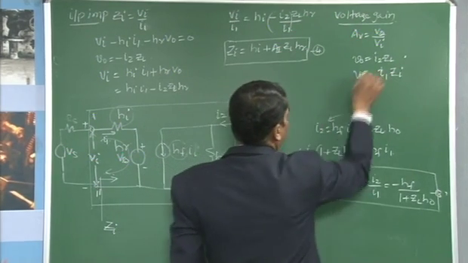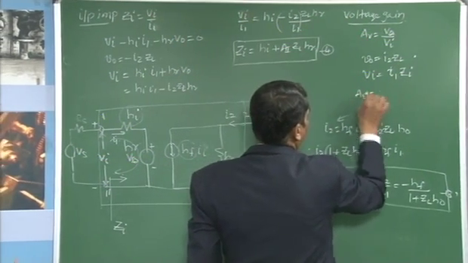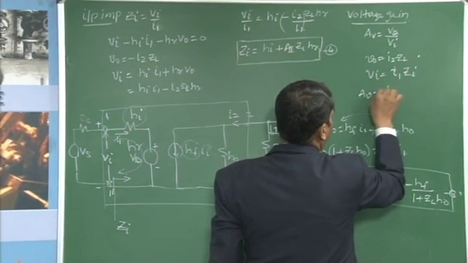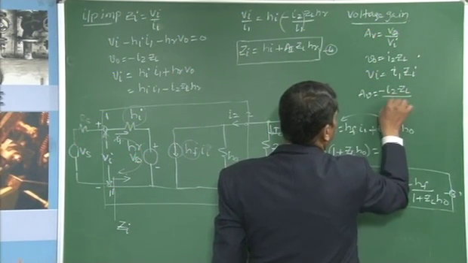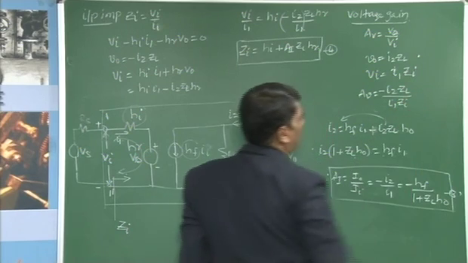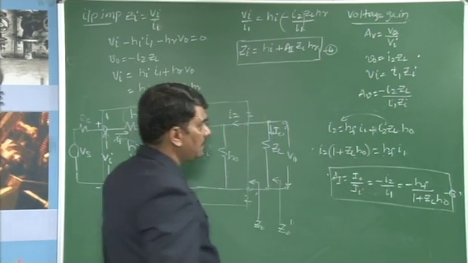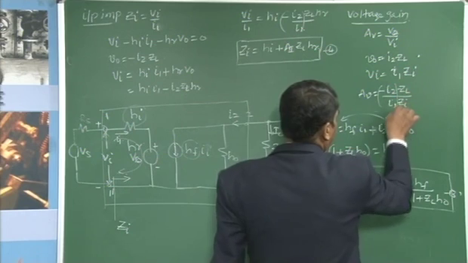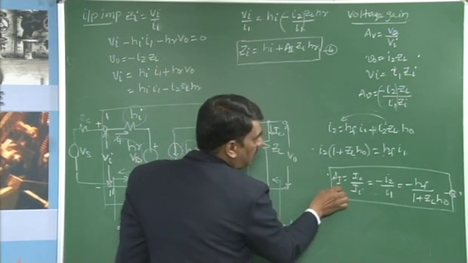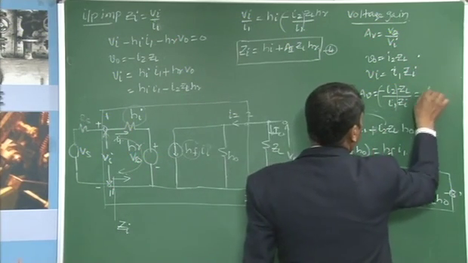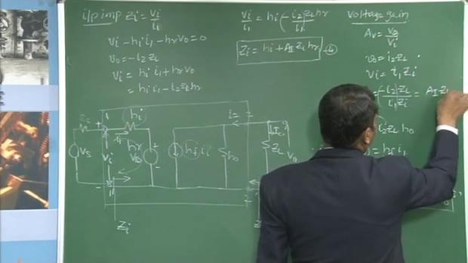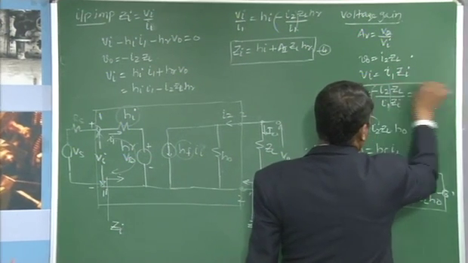Hence, taking the ratio, Av is equal to minus I2 ZL by I1 Zi, where minus I2 by I1 is nothing but the current gain. Hence, Av is equal to Ai ZL by Zi.